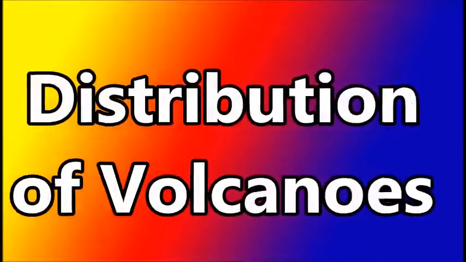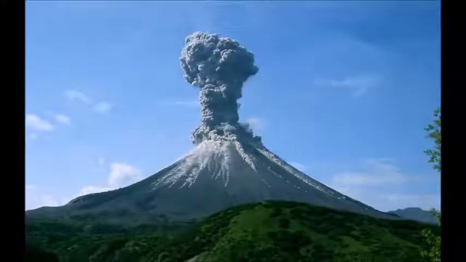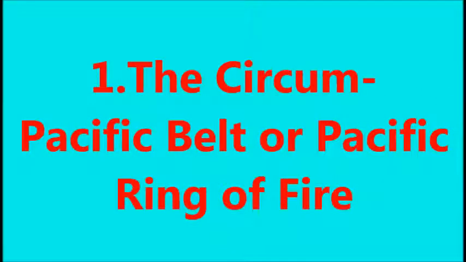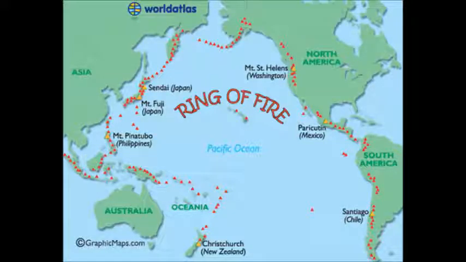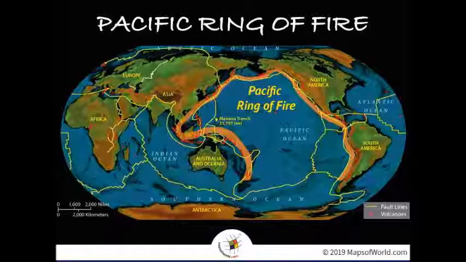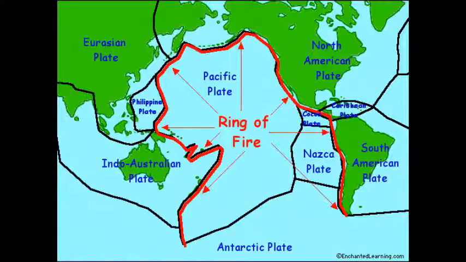Distribution of volcanoes. Volcanoes occur in many regions of the world, including islands, young mountain ranges, and plateaus of the continents. The most important volcanic region is the Circum-Pacific Belt or Pacific Ring of Fire. They are found on the coastal margins of the Pacific Ocean, consisting of Philippines, Japan, USA, Central America and South America.